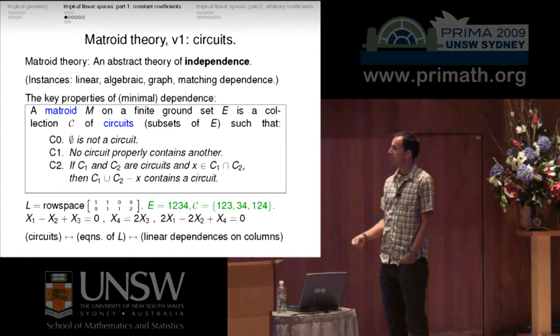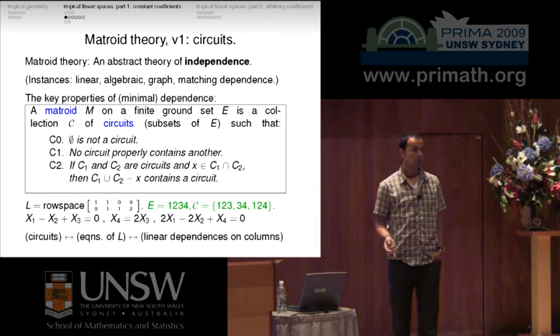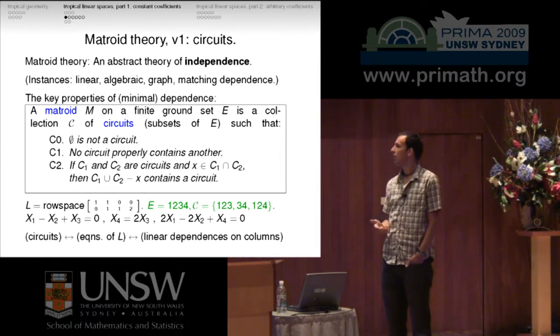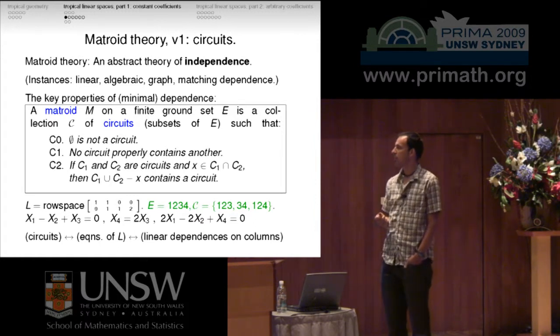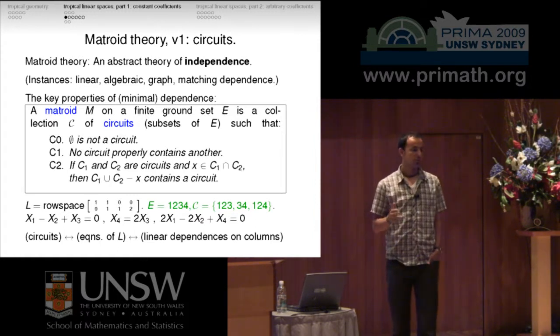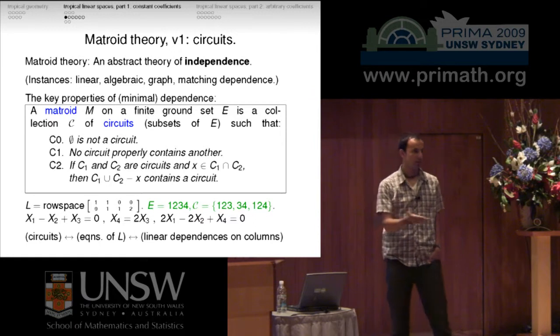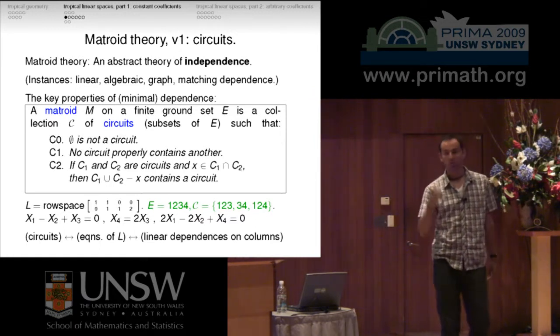I'm going to say that a matroid is a ground set E, which you may want to think of as a collection of vectors, and a collection of circuits, which you want to think of as minimal dependent sets. The first 2 conditions are kind of trivial: the empty set is independent, and minimal dependent sets cannot contain one another because they're minimal.